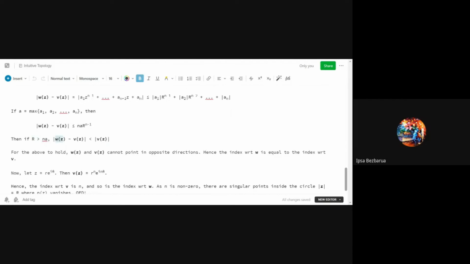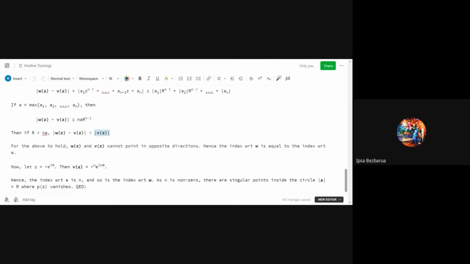Now, if I examine this inequality closer, I can see that if w of z and v of z are in diametrically opposite directions, this is never going to happen. Because if they are in diametrically opposite directions, these two values, magnitude wise, will add up, and then they're not going to be smaller than the value of v at z.